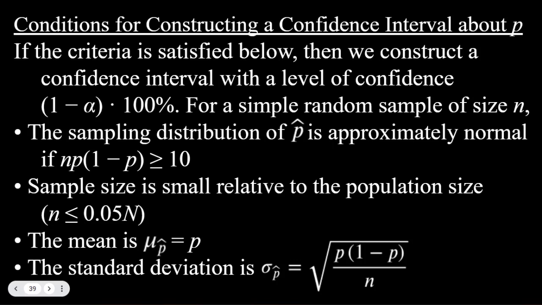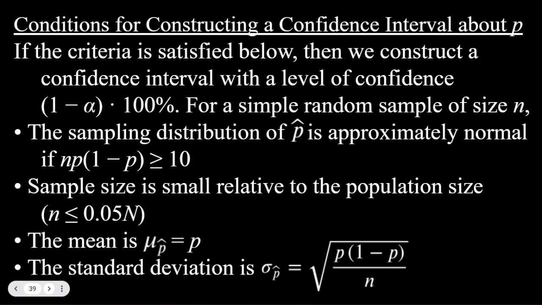First, the sampling distribution of p hat is approximately normal if n times p times 1 minus p is greater than or equal to 10, and that's the same criteria that we saw back in chapter 7 when we were finding probabilities for proportions. Second, the sample size is small relative to the population size. Lowercase n is less than or equal to 0.05 times uppercase N. So the sample size is less than 5% of the population size.